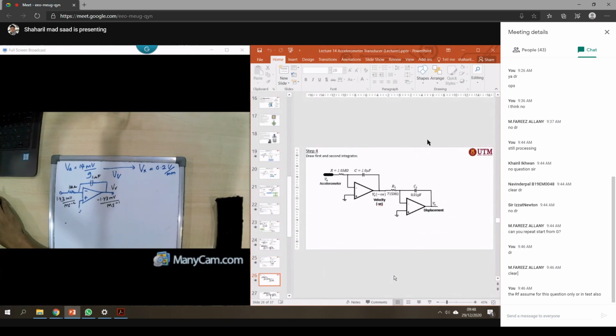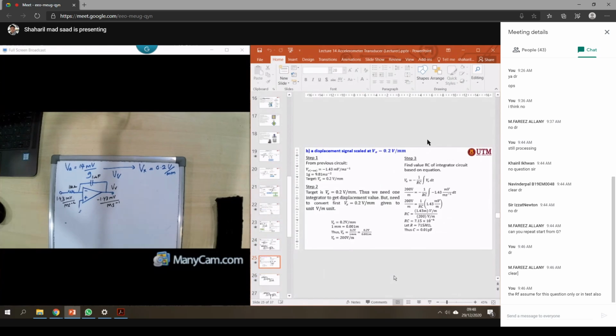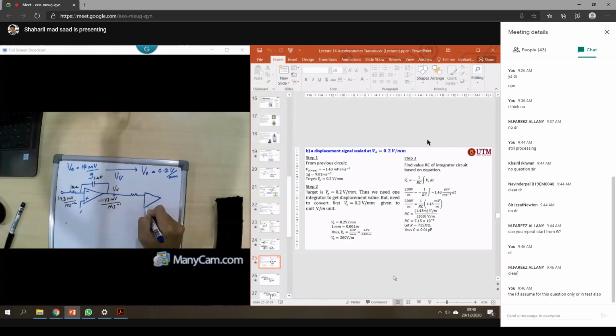So now the next thing is we want to get Vx from Vv. That means you need another integrator here. Let's say this one, minus plus, going to ground, and this output is your Vx.